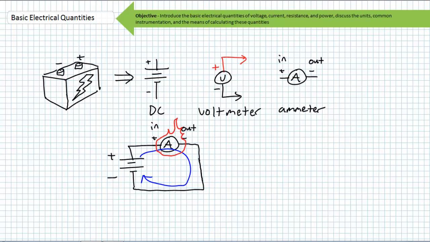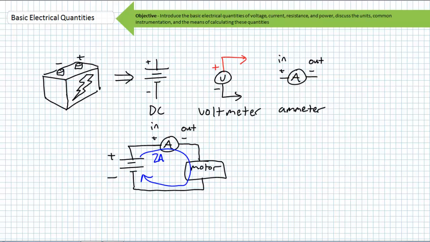More on current measurements later. Remember, for our ammeter, current must flow in the in door and out the out door. If 2 amps of current enters the in door, there's a little dude inside that ammeter. Seriously, there is, counting the quantity of electrons that pass by him in 1 second.